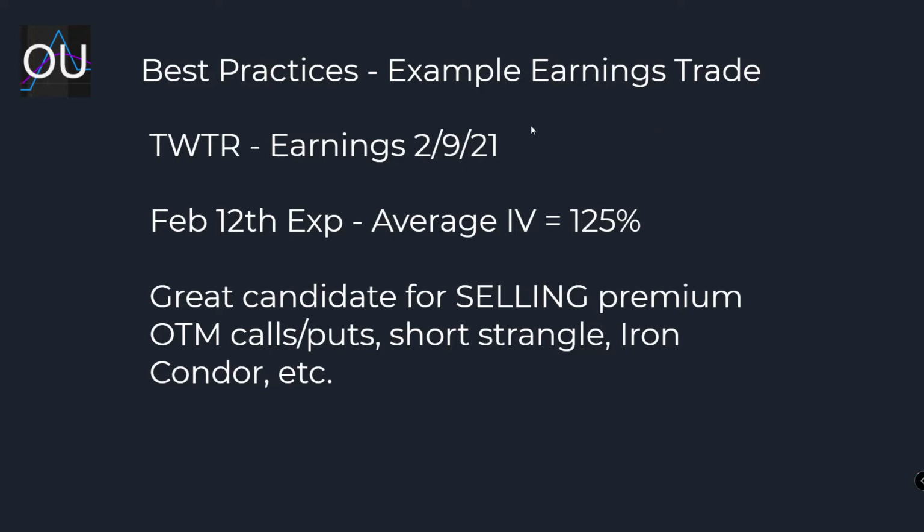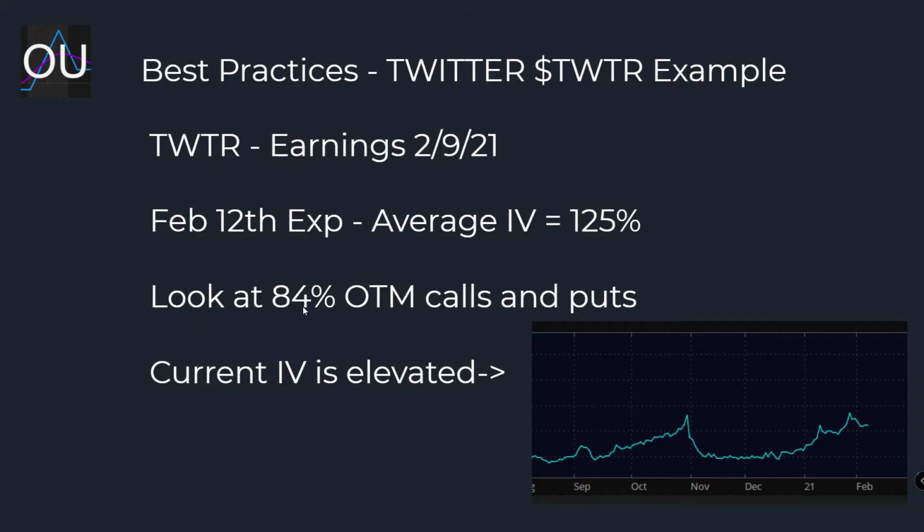We had earnings on February 9th, and the February 12th expiration average IV was 125%. So this was a great candidate for selling premium: out of the money calls, puts, short strangle, iron condor. We would look at 84% out of the money calls and puts.